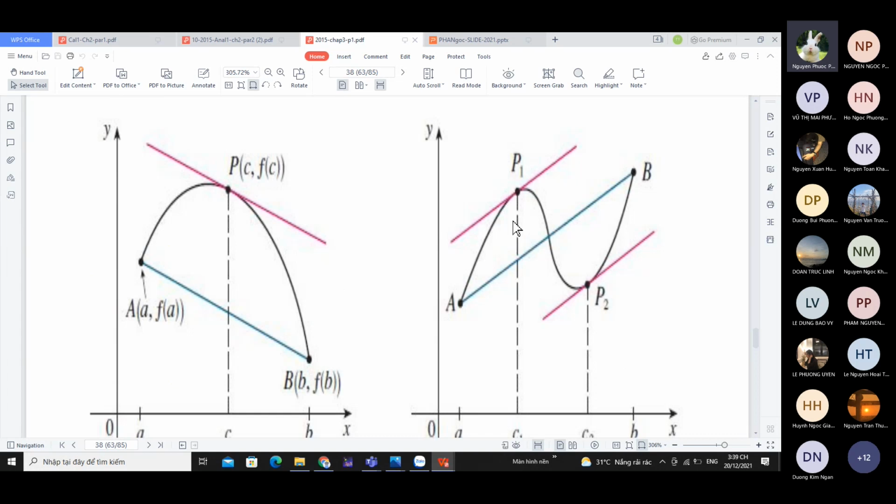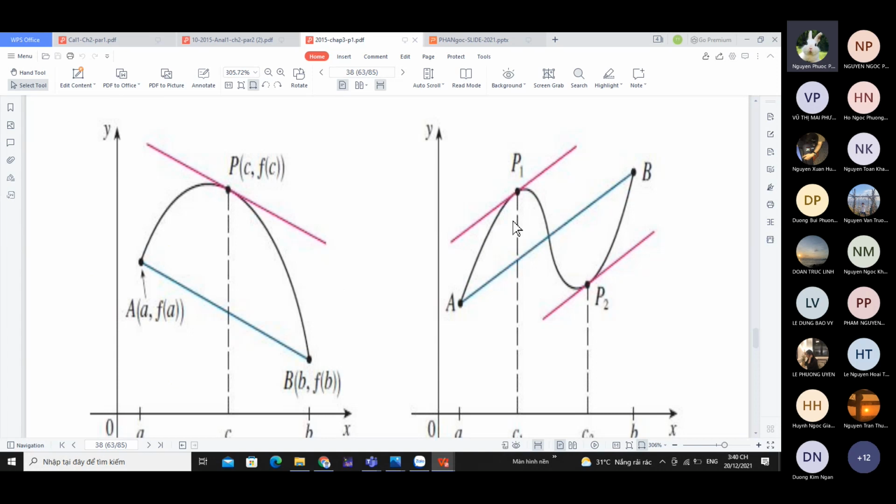You have two points A, B, and the secant line through A and B. This time we can find a number c on the graph of f so that the tangent line at (c, f(c)) is parallel to the secant line AB. Maybe there are 2 such numbers c, maybe 3, 4, 5.